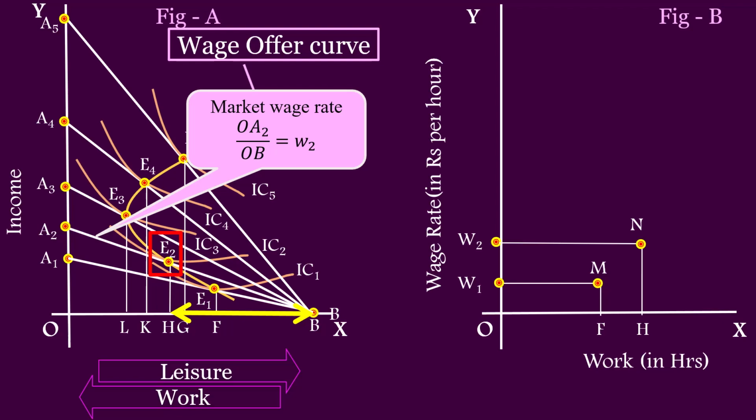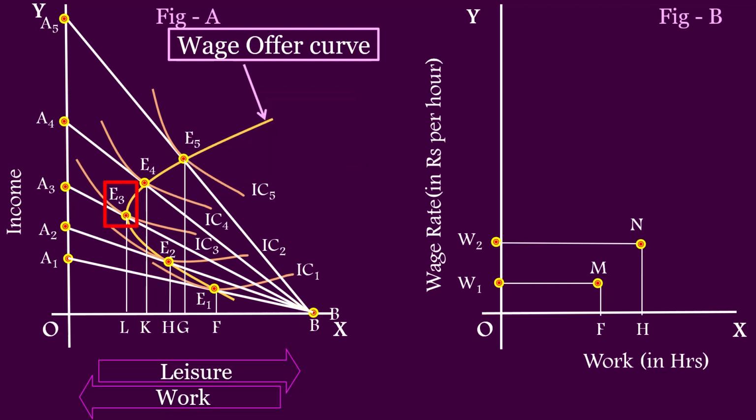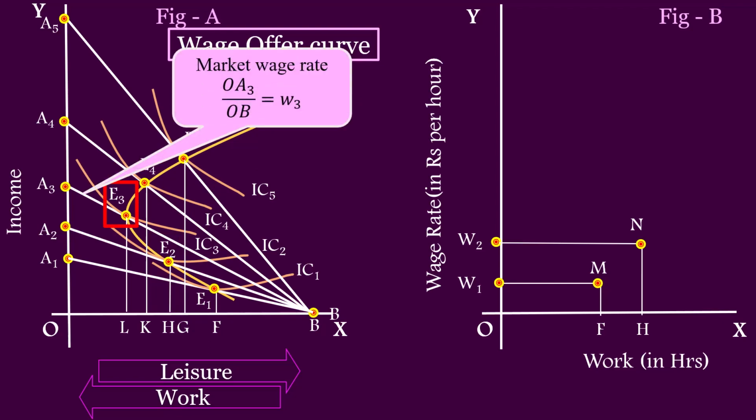Let us plot it in figure B as point N. At equilibrium E3, the wage rate is OA3 by OB, W3, and the laborer supplies BL hours, that is L hours of work. LW3 is another point on the supply curve of labor. Let us plot it in figure B as point P.